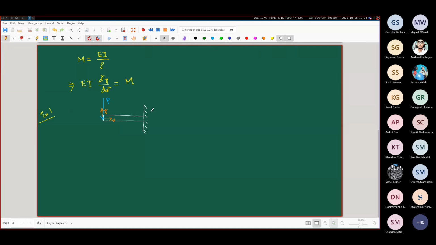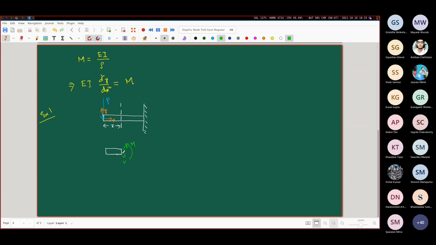Now, as always, we have to determine this M. And for that, we are going to take a cut section at a distance X from the left end. So what is going to be the M there? Usual procedure as always, we represent the V like this, the M like this.